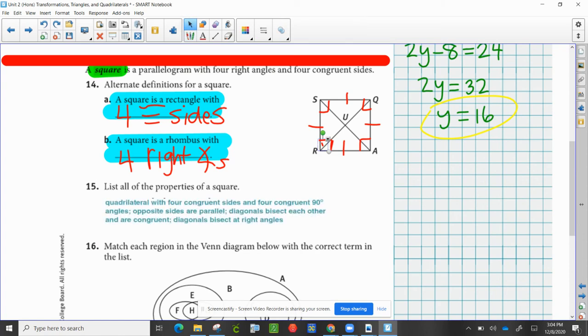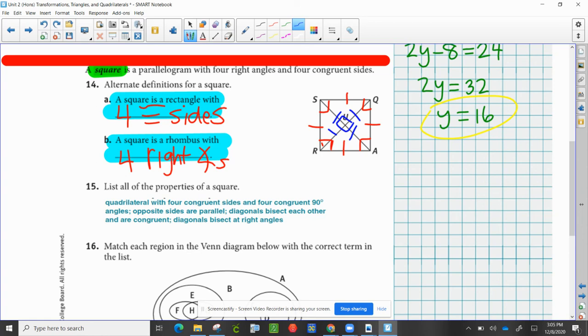So if we list all of our properties here, it has 4 congruent sides. All the angles are 90 degrees. Opposite sides are parallel. Diagonals bisect each other and are congruent. And the diagonals bisect at right angles, so they're 90 degrees there, perpendicular.